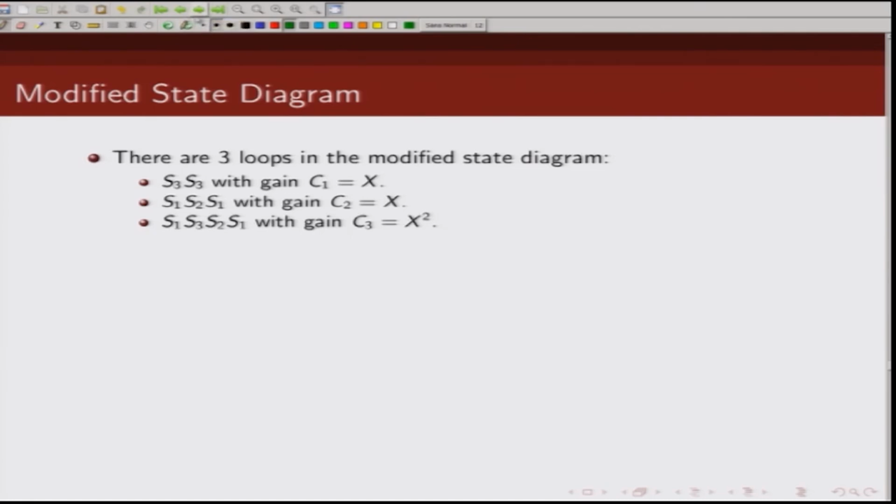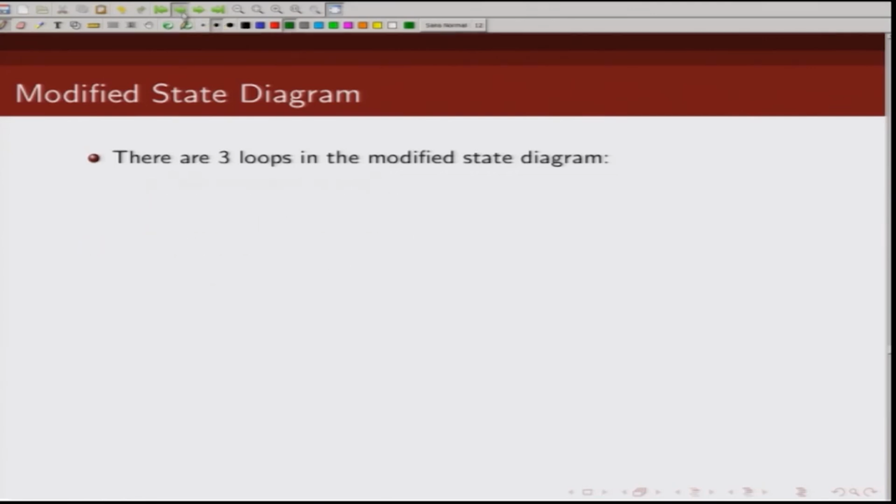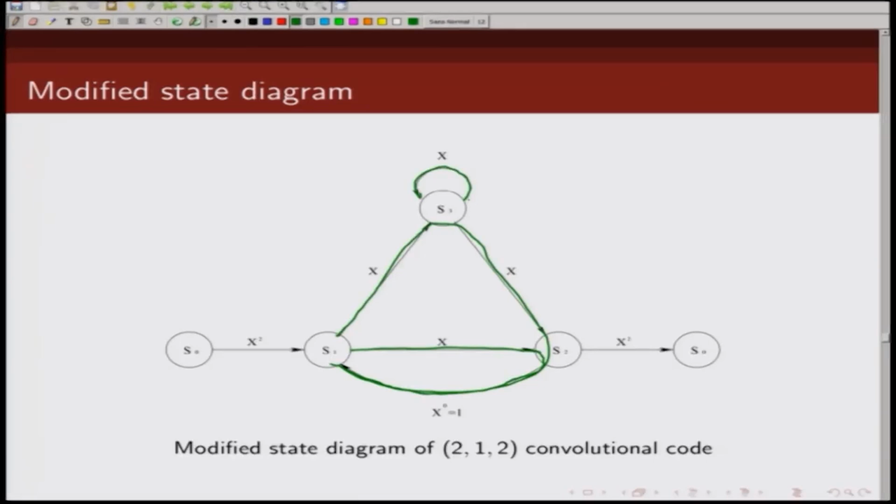Next, what are the pair of non-touching loops? Now, only these 2, C1 and C2, are non-touching loops. You can see, again go back to this example. This loop and this loop are non-touching. Why?